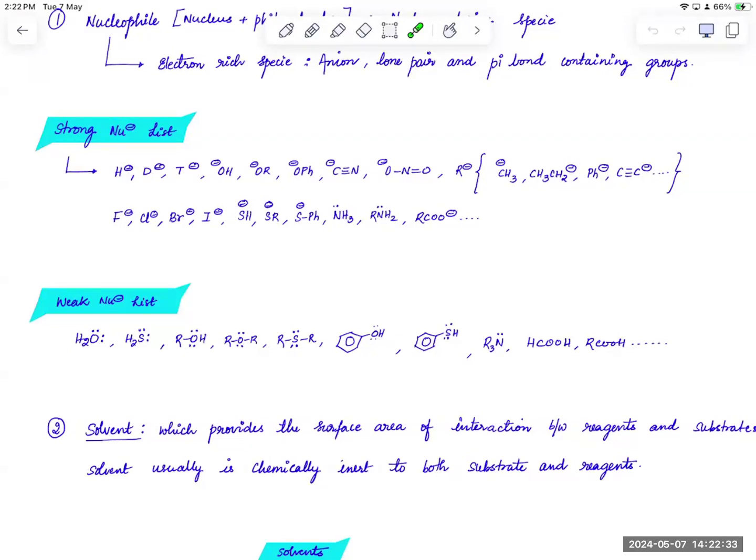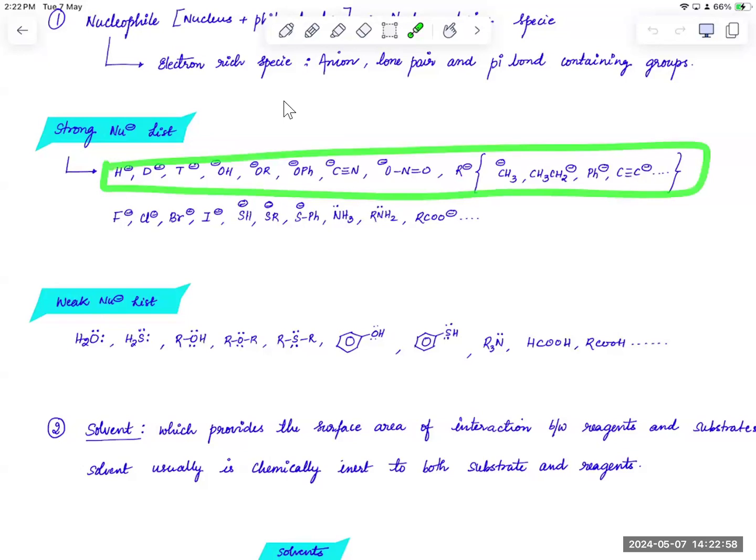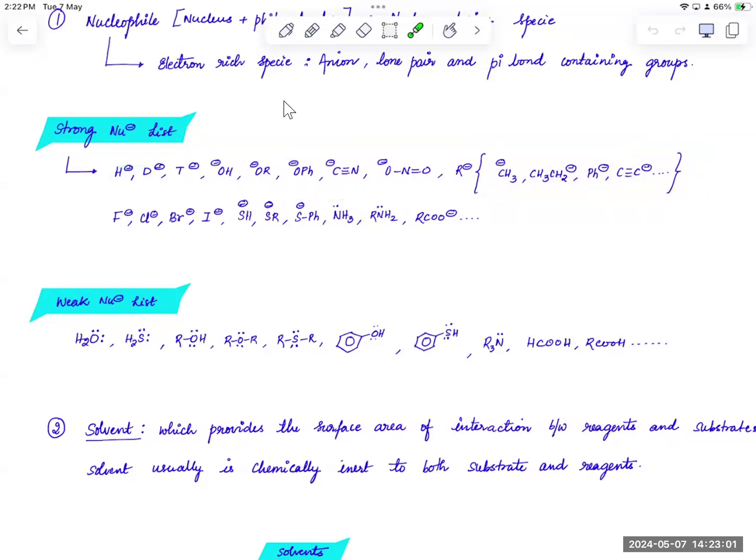So, for instance, check. H minus, D minus, and all of this, OH minus, RO minus, PhO minus, CN minus, R minus. Okay. This and F minus. Mainly, these are all the strong nucleophiles which you will notice. Okay. And then these are good nucleophiles.